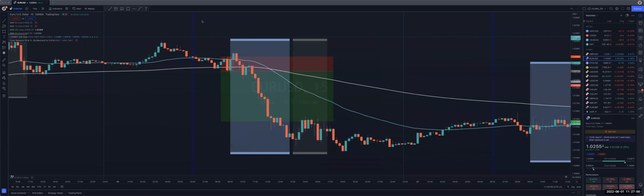Your trade should either end in a small win, a small loss, or break even.